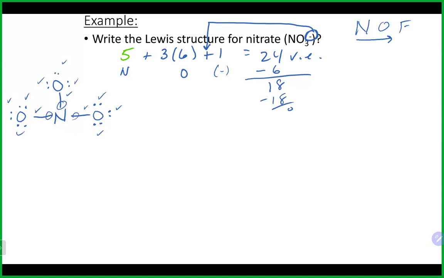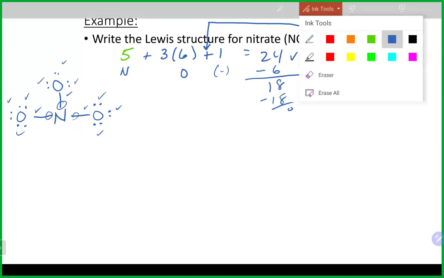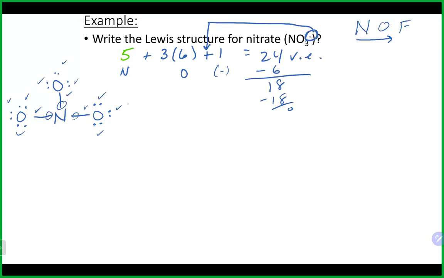So everybody else has 8 electrons. Nitrogen does not have 8, which means we did not meet the octet rule, which obviously is an important rule for bonding. We always want to make sure we get to the octet rule, as we talked about last time. That's essentially going to get everybody to that noble gas configuration, which is that stable configuration.